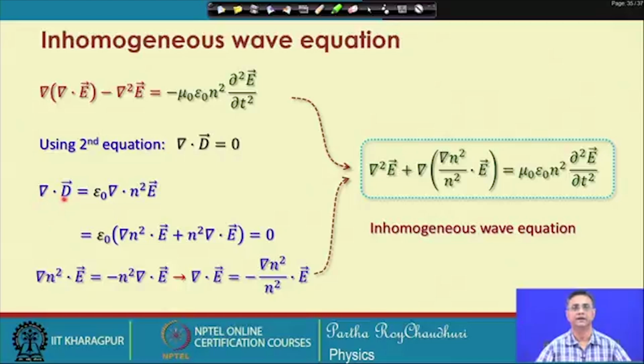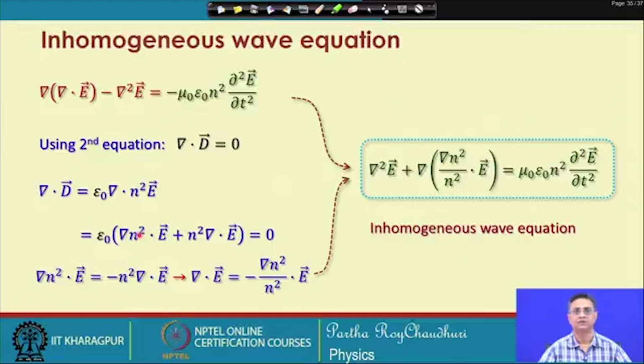So, you can write that del dot D equal to epsilon del dot n square E. n depends on x, y, and therefore, epsilon times del n square dot E, simply using this identity, you can write it in this form, but this del dot D equal to 0. So, you can write this expression as equal to 0.